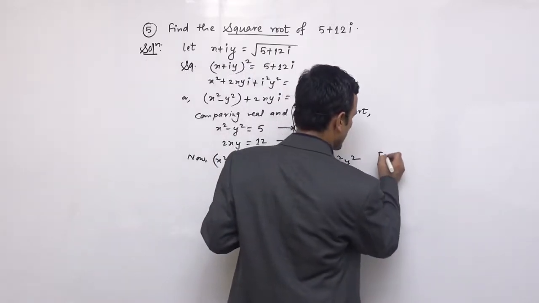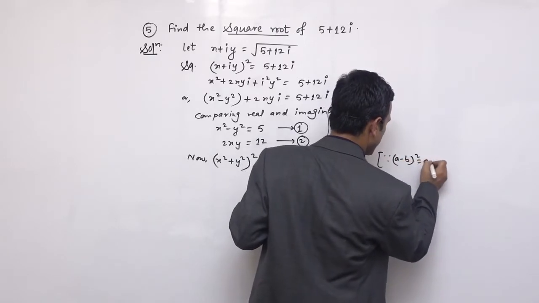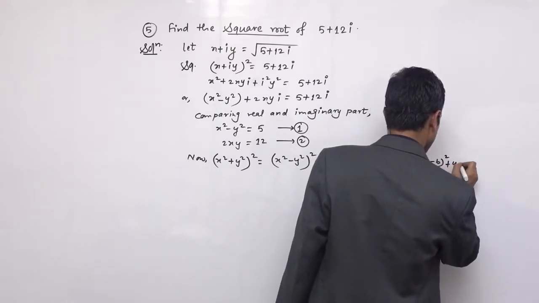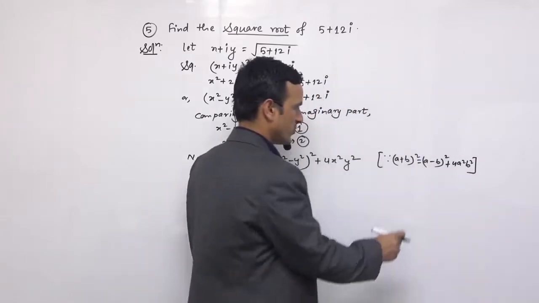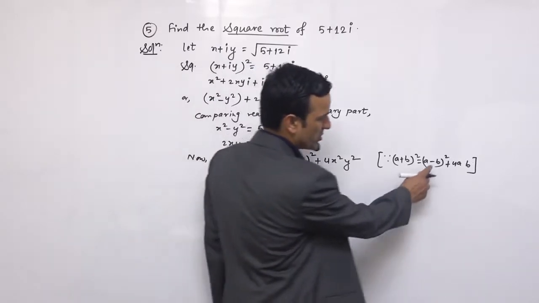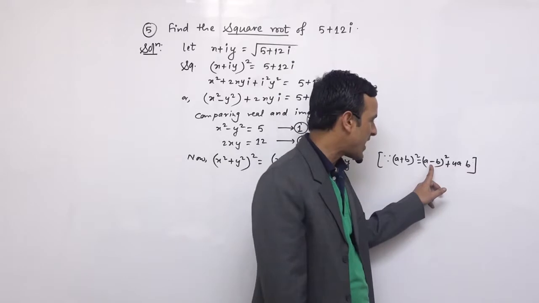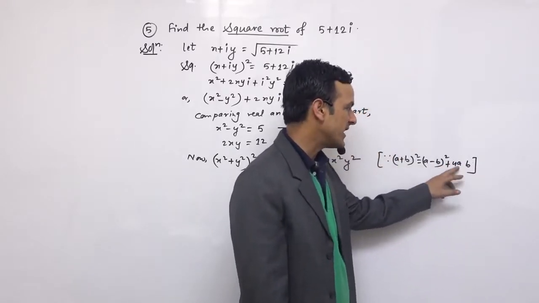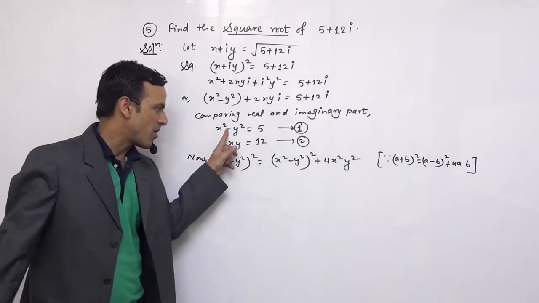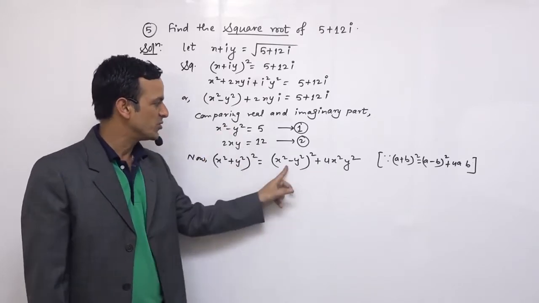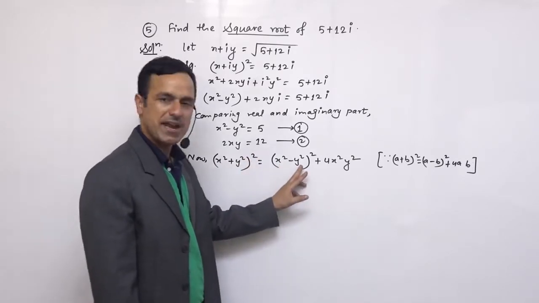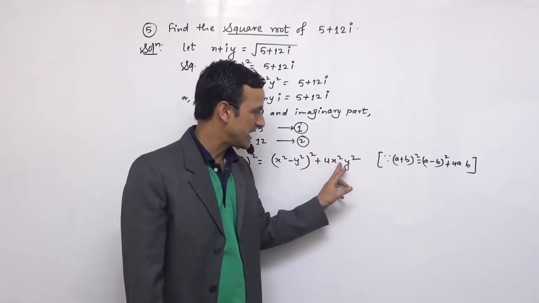Actually it is a formula: (a minus b) whole square plus 4ab. Writing (a minus b) whole square as a square minus 2ab plus b square and adding 4ab, we get a square plus 2ab plus b square, that means (a plus b) whole square. So we have the form for minus and the form for product, and using minus and product we can find the value of plus. That is why (a plus b) whole square means (a minus b) whole square plus 4ab.